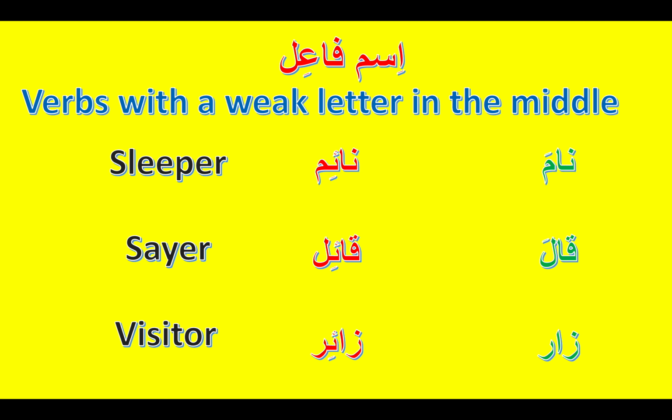So, to form the ism fa'il of a verb with a weak root letter in the middle, you follow the same pattern, fa'il, but instead of the waw, alif, or ya, you put a hamza with a kasra underneath. So it's quite simple. You just take the infinitive, nama, and you add a hamza in between the alif and the final root letter and put a kasra underneath.